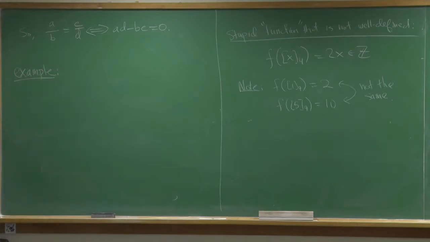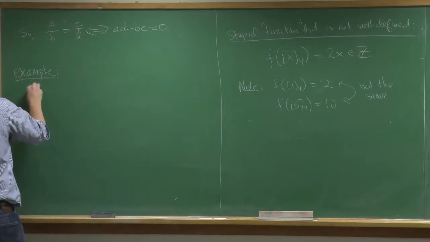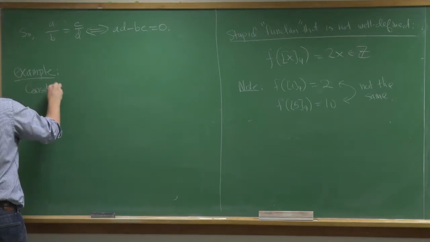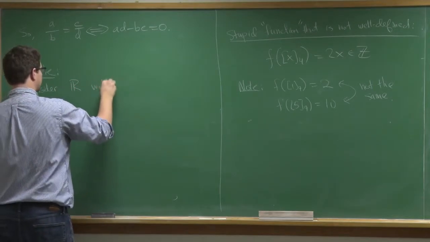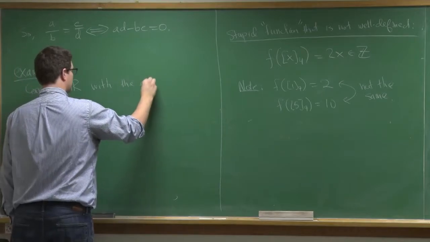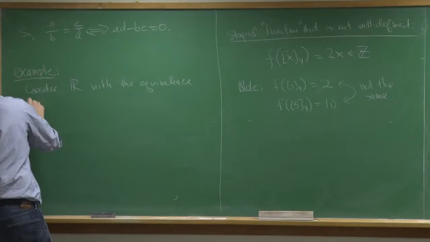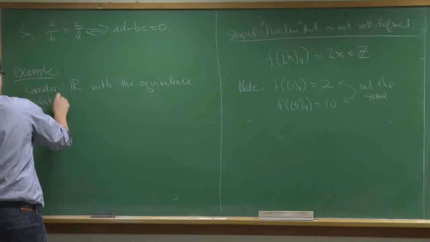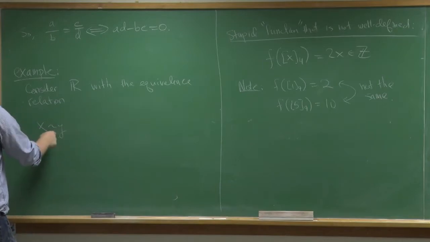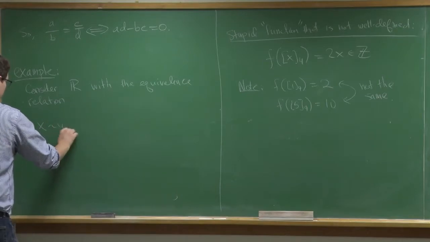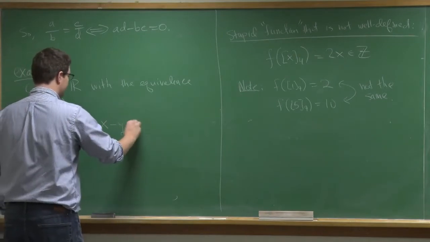Consider R with the equivalence relation where x is related to y, so x and y are real numbers, if and only if x minus y is an integer.